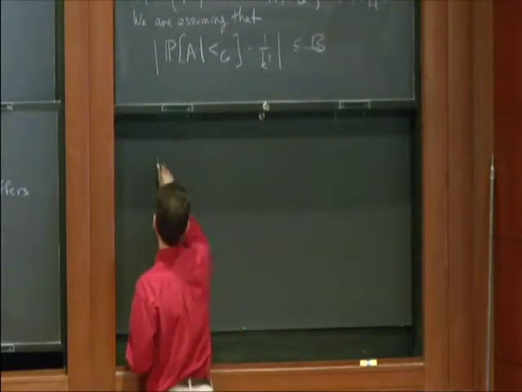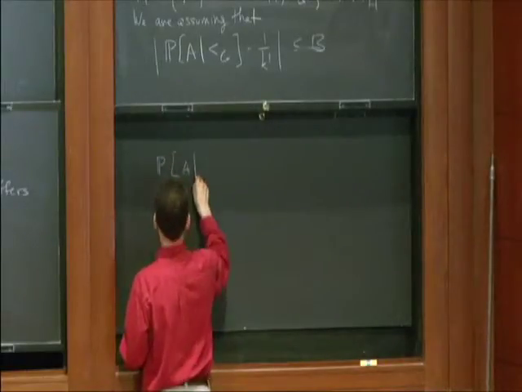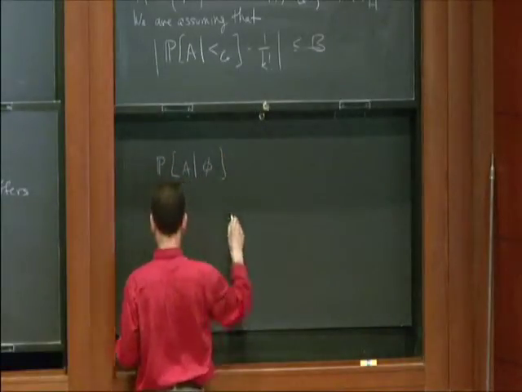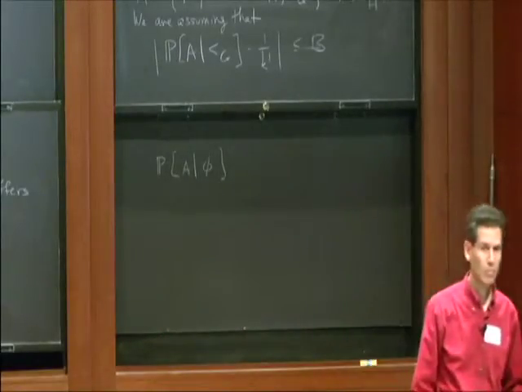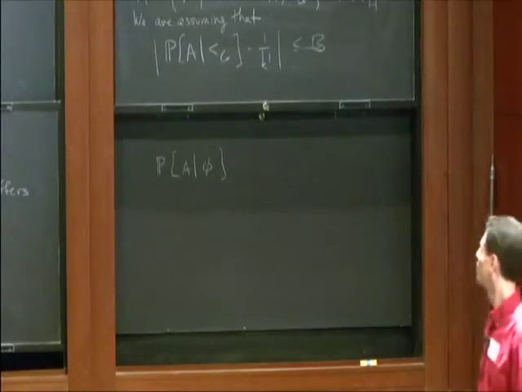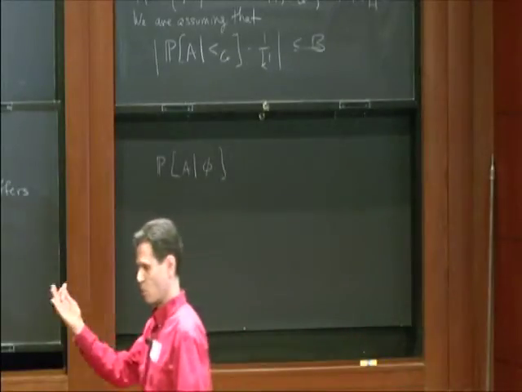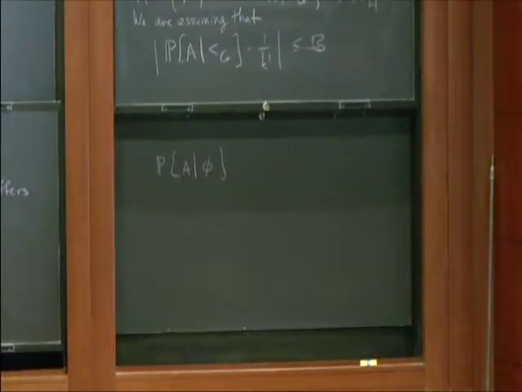Now, what about the probability of A given the embedding? Well, mu sub H and mu sub G satisfy a hypothesis of consistency, right? That says no matter how you embed, you get the right distribution.